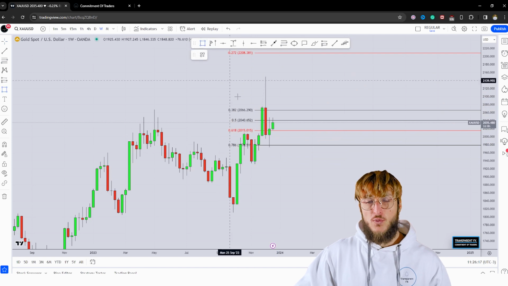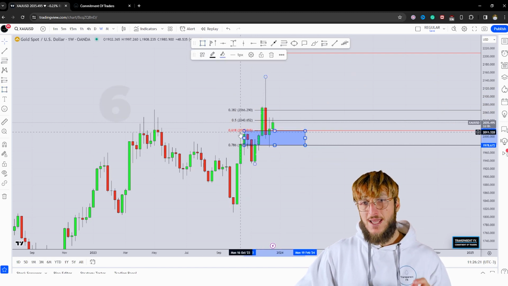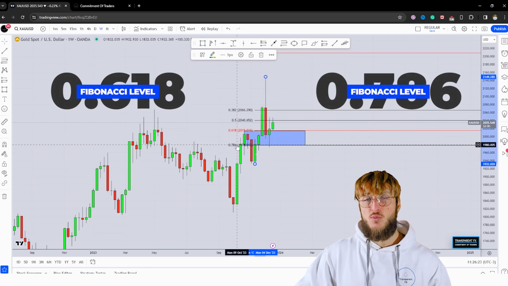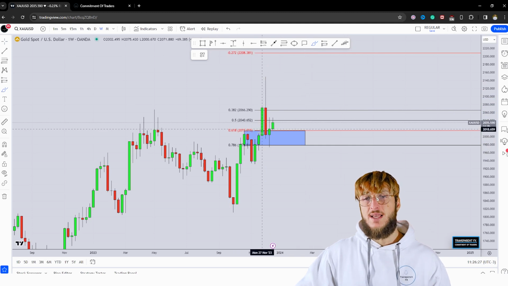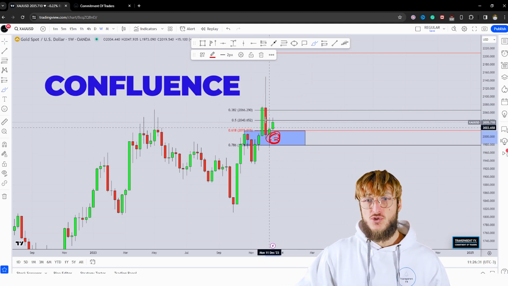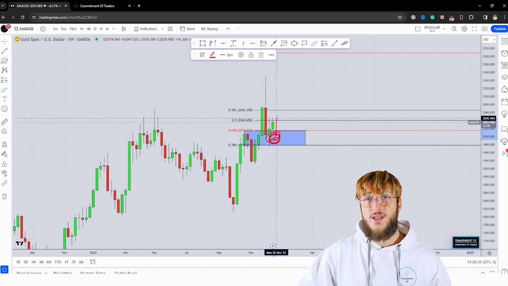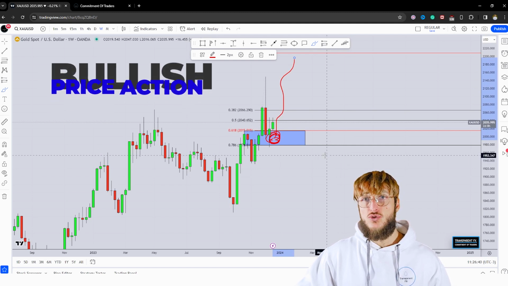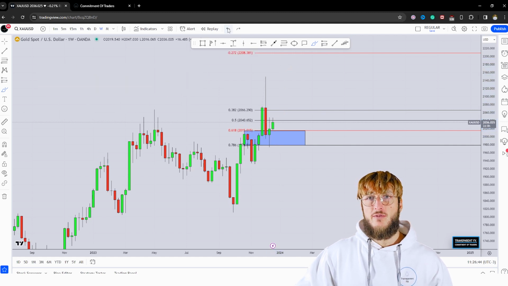And if we do that, we can see how the market has just retraced exactly to the zone that is in between the 0.618 and 0.786 of the Fibonacci taken on this weekly impulse leg, which creates confluence of support inside of this zone. So at the moment, the market is actually testing confluence of support, rejecting it to the upside. And from here, we could expect more bullish continuation to be created away from this area. So the weekly time frame as well seems quite bullish.